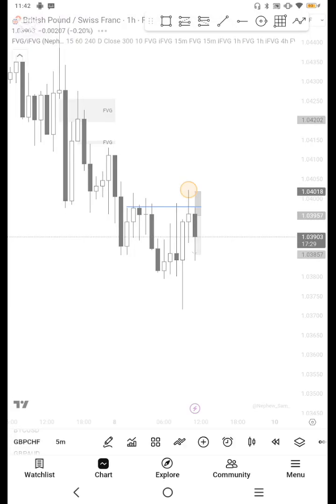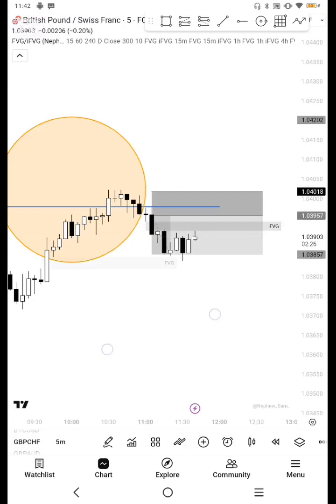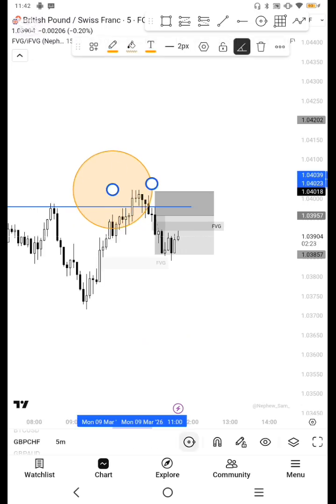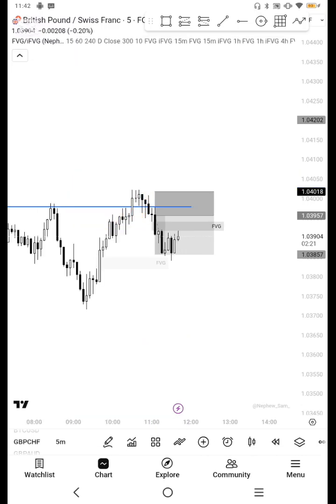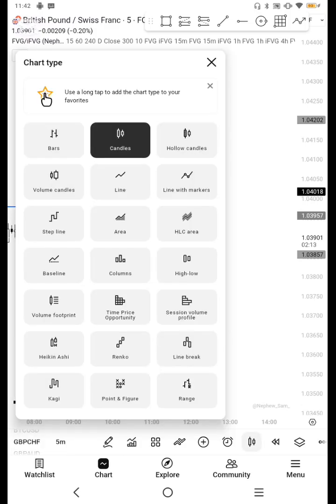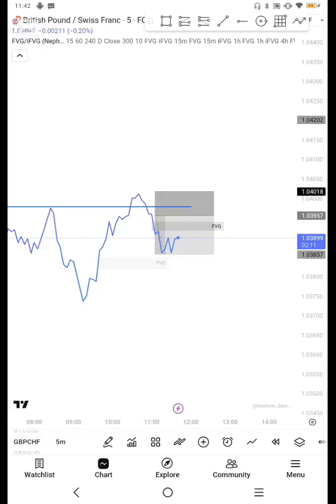I switched down to the 5 minute chart. Let me take this one off. Now that I'm on the 5 minute chart, I go back again to the line chart, right? Then you will see there's a clear change of character here.